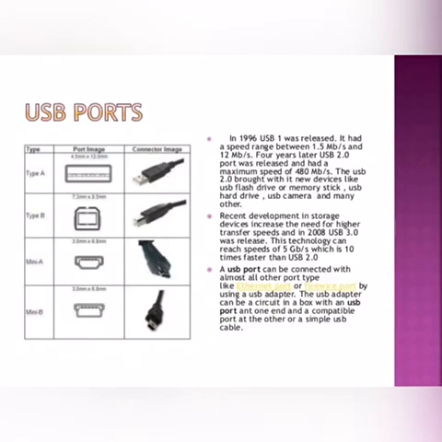Recent development in storage devices increased the need for higher transfer speed, and in 2008, USB 3.0 was released. This technology can reach a speed of 5 Gbps, which is 10 times faster than USB 2.0. A USB port can be connected with almost all other port types like Ethernet.